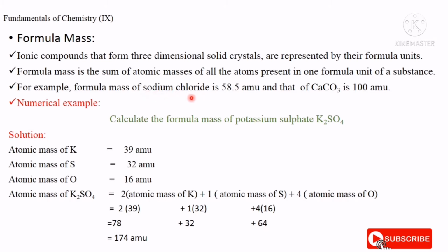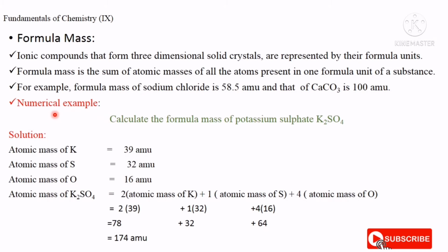So the summation of these two atoms, sodium and chlorine, is equal to 58.5, that is the formula mass of sodium chloride. And in the same way we can calculate the formula mass of calcium carbonate, that is 100 atomic mass unit.